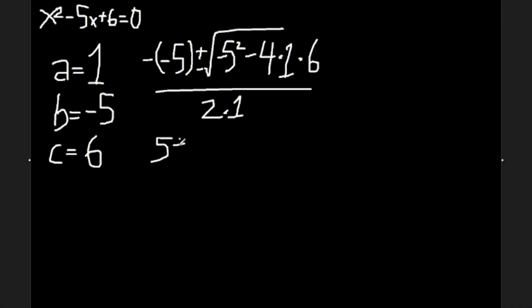Negative 5 squared is equal to positive 25, since it's a negative and you're squaring it, multiplying it by itself.